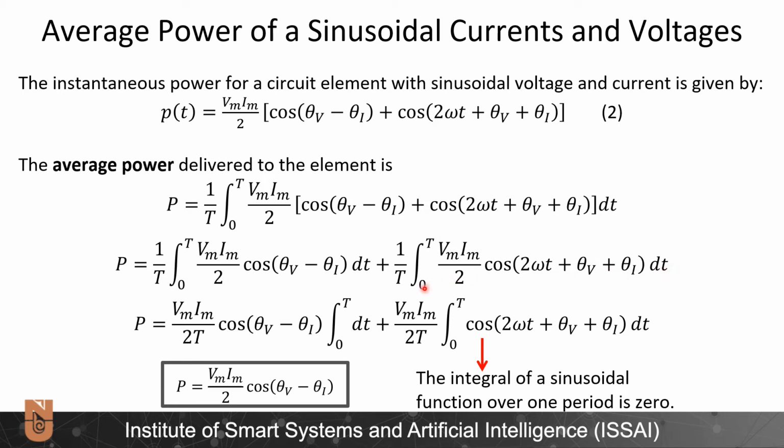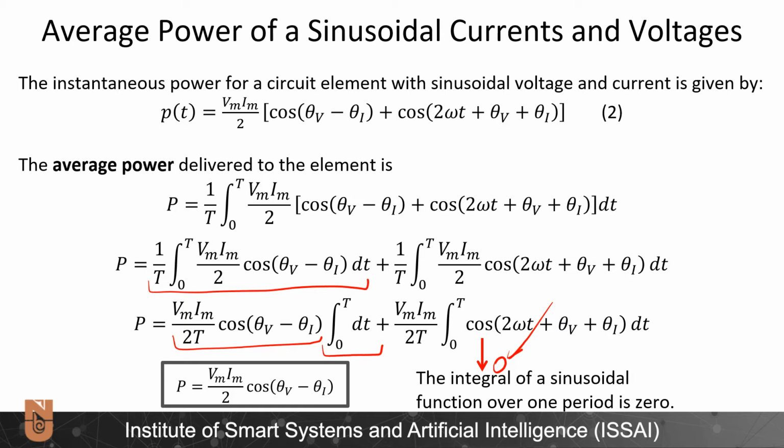This cosine term over one period will have an integral value of 0. And therefore, this second term will drop. This goes to 0. Our integral will only consist of this part. Here what we observe is that none of the terms are related to dt, and therefore they are all constants and they can be taken out of the integral. My integral reduces to a simple integral from 0 to T of dt.